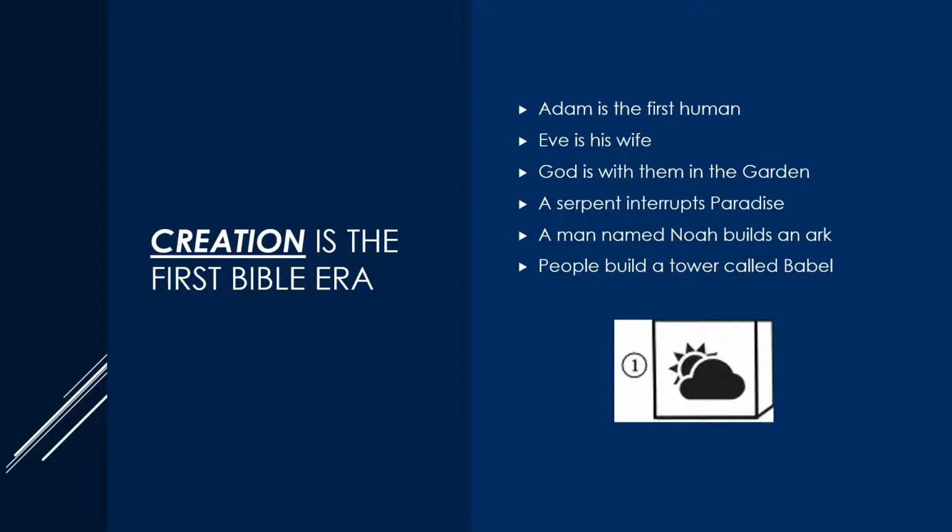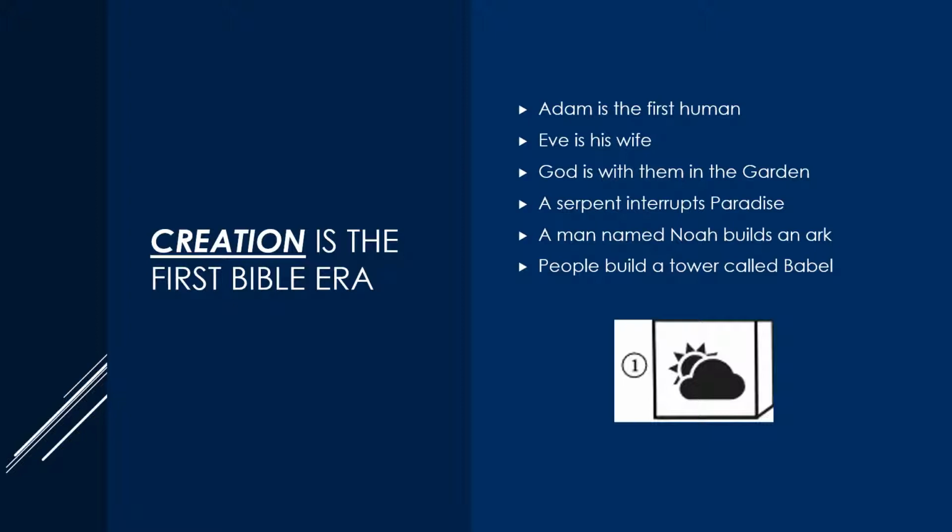We learned in class that Adam actually is a Hebrew word. It comes from the Hebrew word adamah, which means the dirt or the ground. And in that opening story, this first human is taken from the dirt of the ground, adamah.